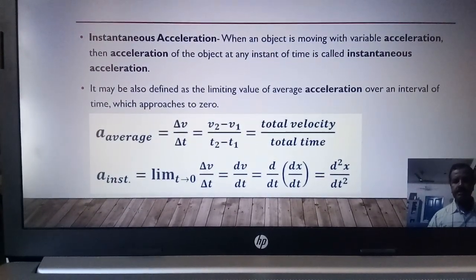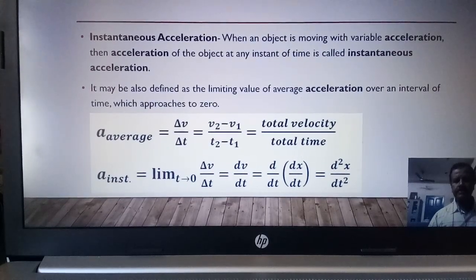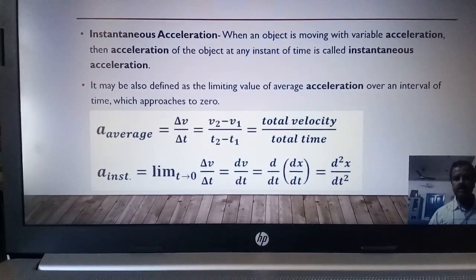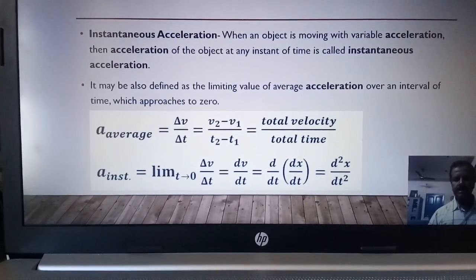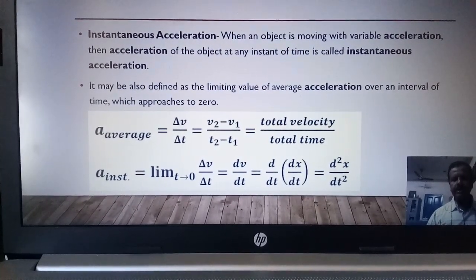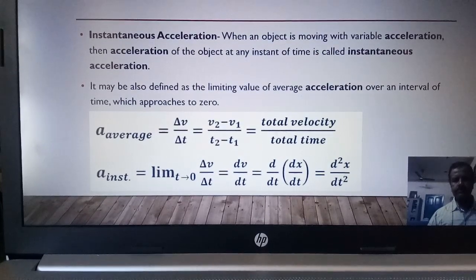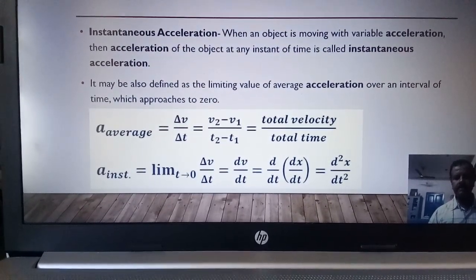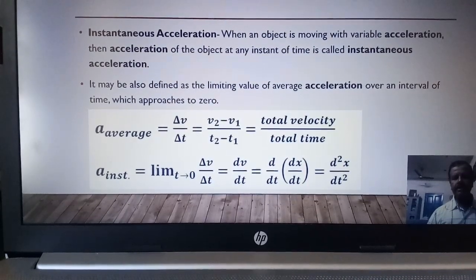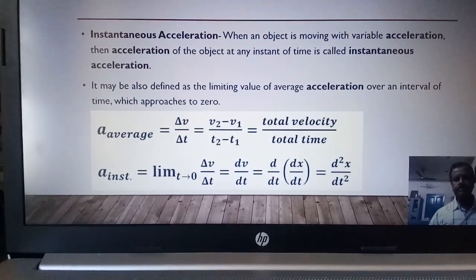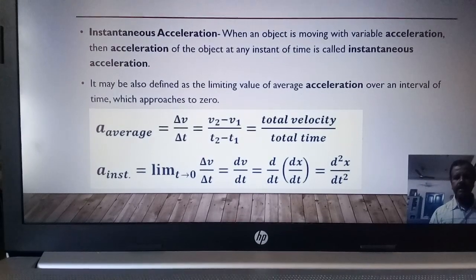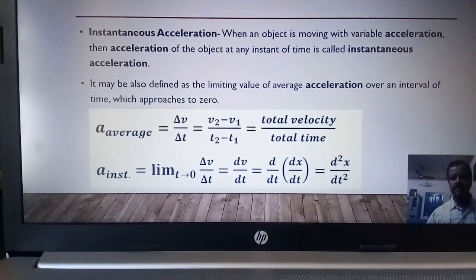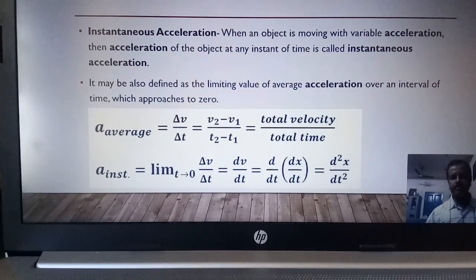Earlier we studied instantaneous velocity as the derivative of position with respect to time t, dx by dt. v is equal to dx by dt, a is equal to dv by dt. So if you substitute the value of v in the dv by dt equation, you will get d by dt of dx by dt, which gives us d square x by dt square. d square x by dt square is called the second derivative of position.